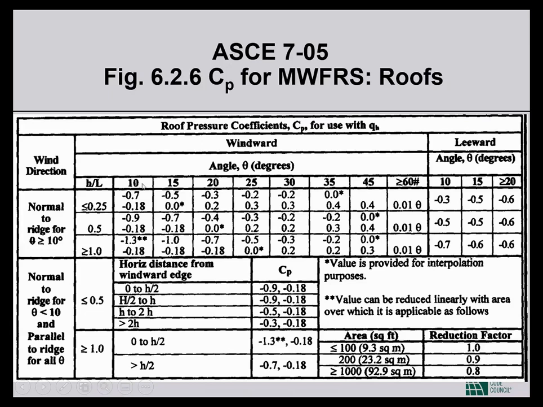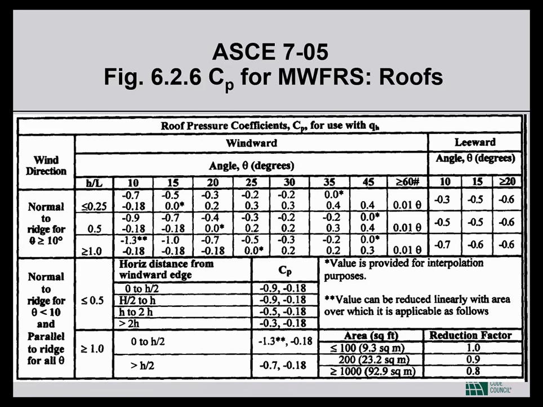Okay, the pitch of the roof is here, and the ratio of mean roof height to plan dimension parallel to the wind is this parameter. So the C sub P will depend upon the angle of the roof and the mean roof height to plan dimension ratio, plan dimension parallel to the wind.